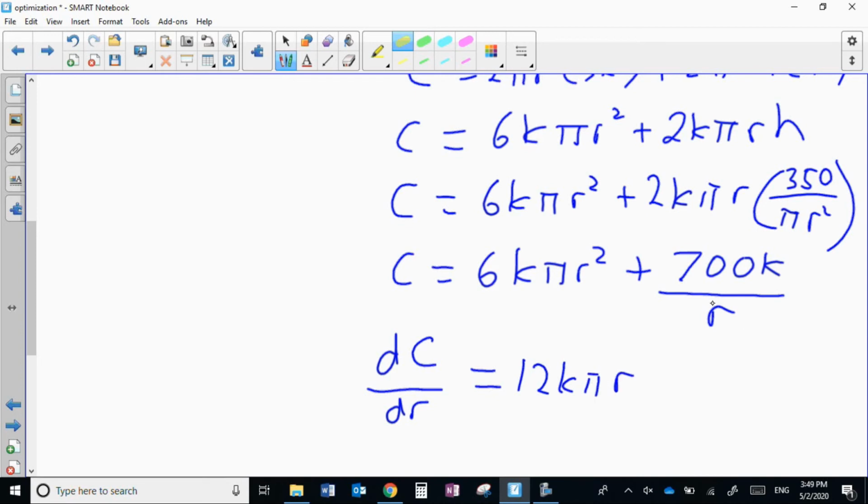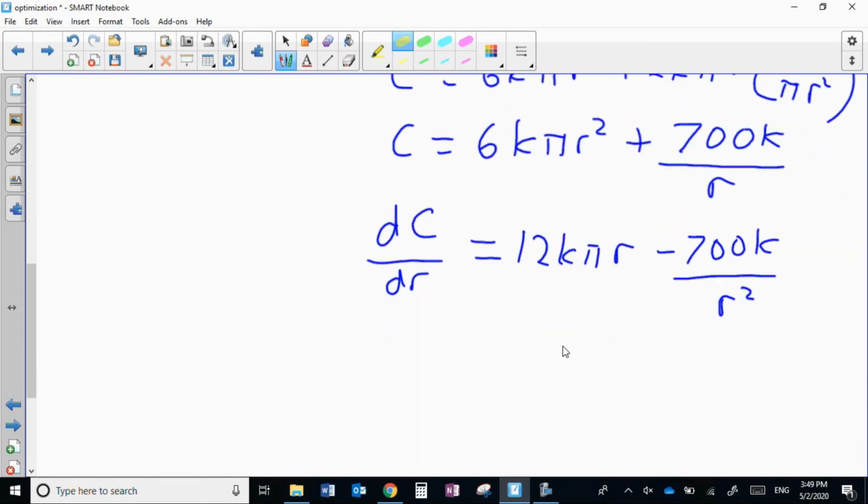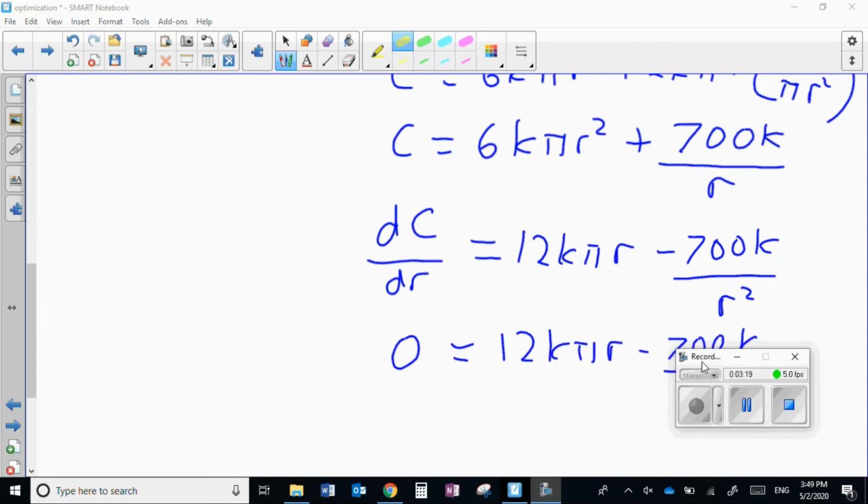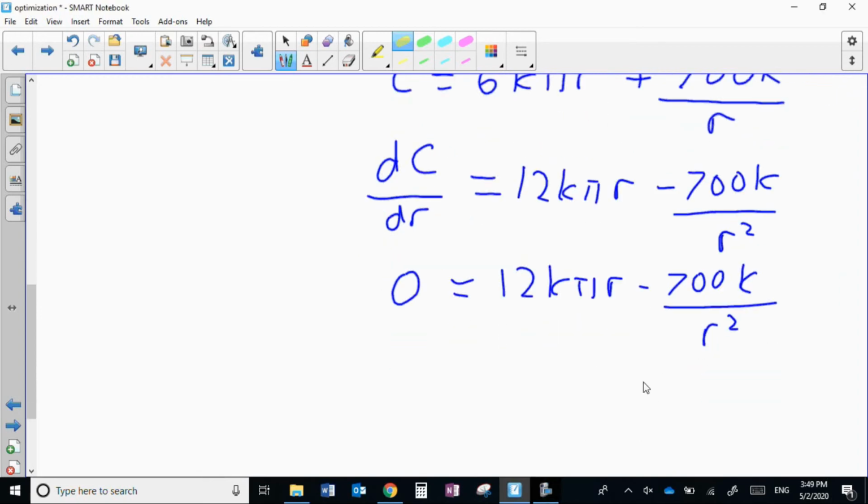Keeping in mind that this is like r to the power of -1, gives us -700k r to the power of -2, or r squared. Critical point when that's 0, so we set it to 0. Rearranging and solving.